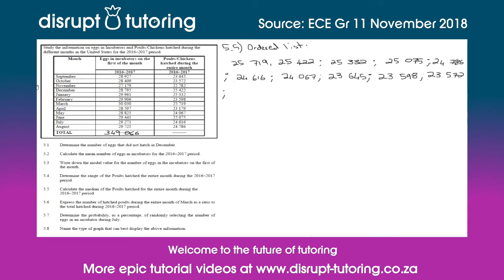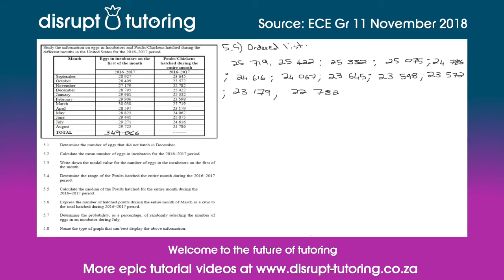The next one will be your 23,179, which just leaves us with one remaining, which we did say in the previous question, is this lonely 22,782.